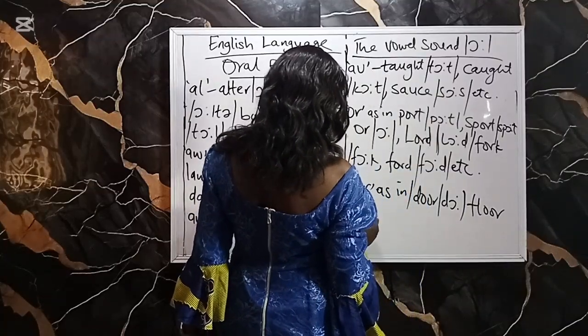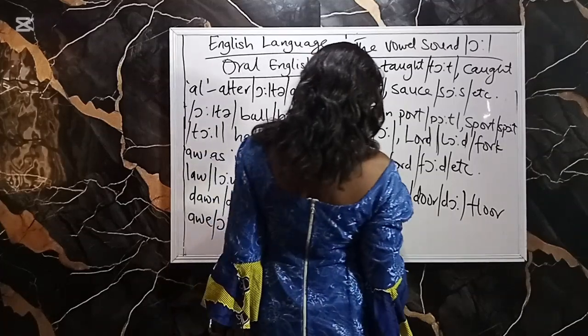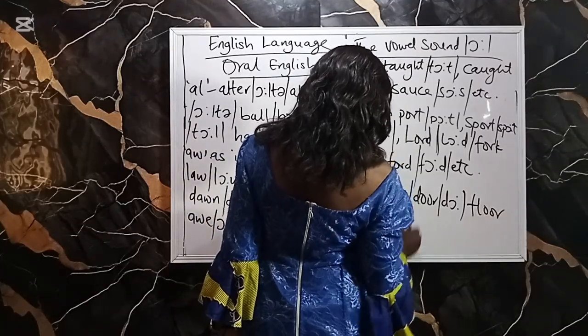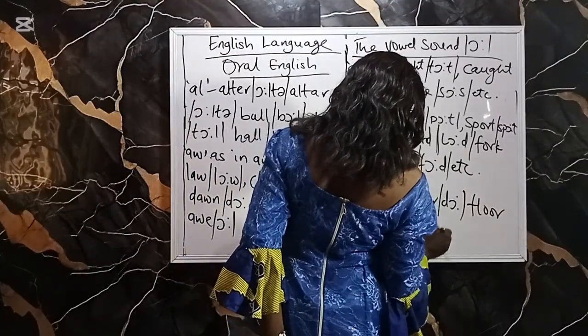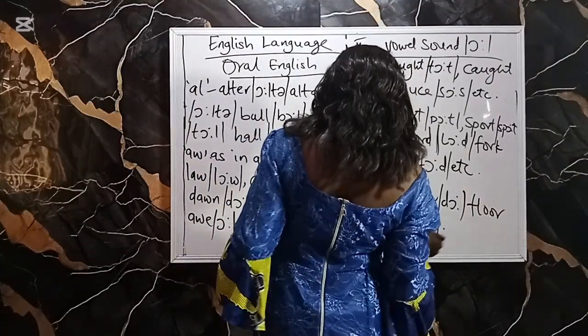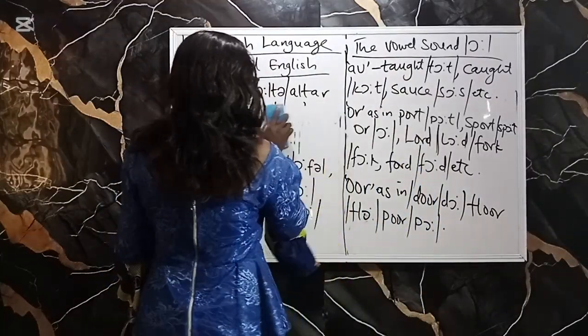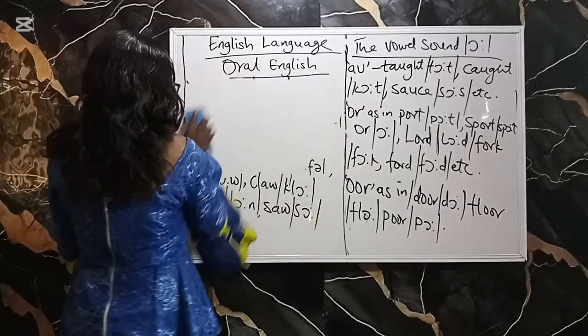Floor. You put the sound. We also have paw. Paw. You put the sound. Okay. Then we still have one or two alphabets where we will see the sound.